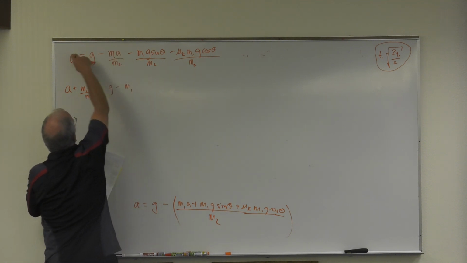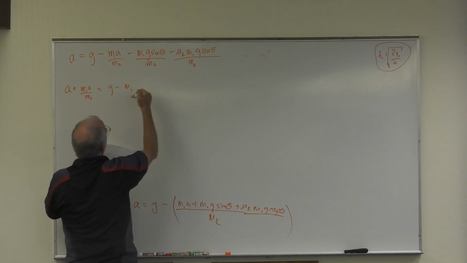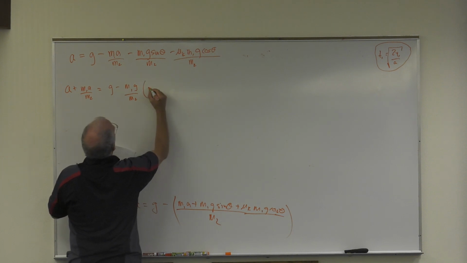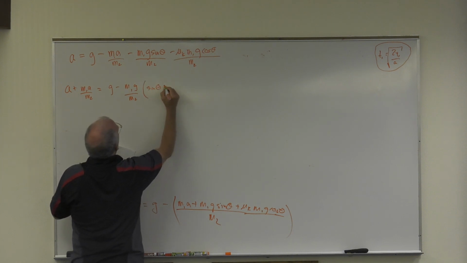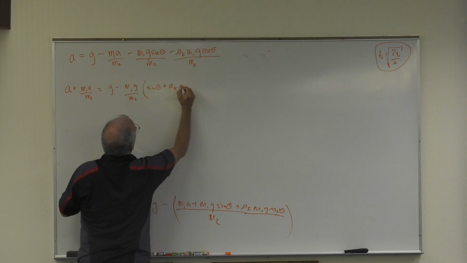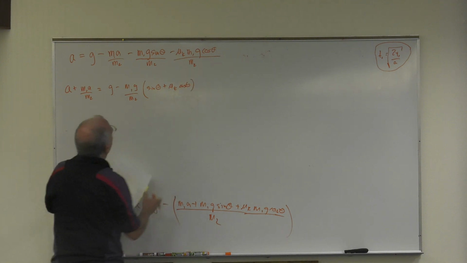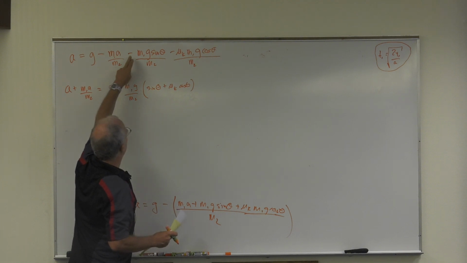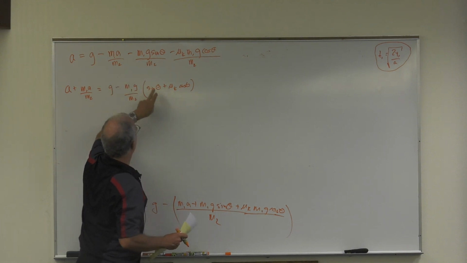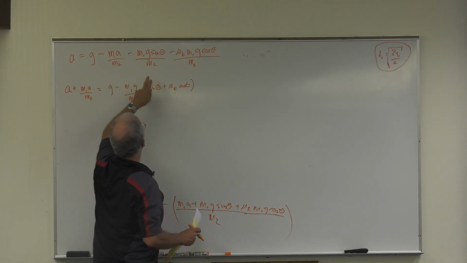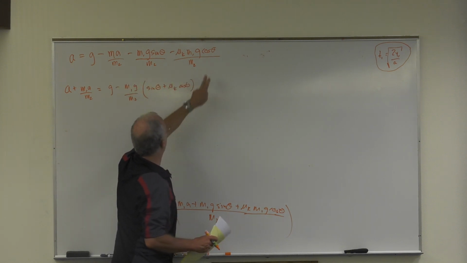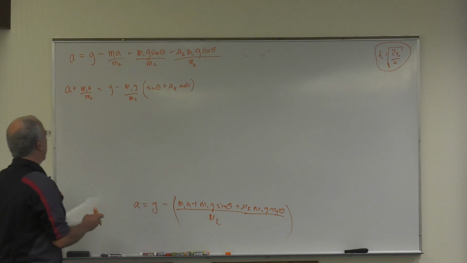We have a G, then we have minus M1G over M2 times sine theta plus mu k cos theta. I just factored out the M1G over M2. So I have a minus sine, and then a minus times a plus is a minus mu k cos. All right, that's good.